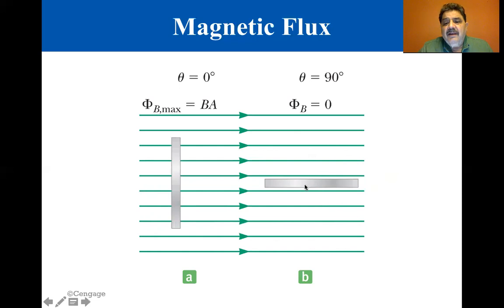And here in B, the normal to the loop would be in either the up direction or the down direction, depending on which you choose. But whether it's 90 or 270, the cosine of either of those is 0, and so the flux is 0.